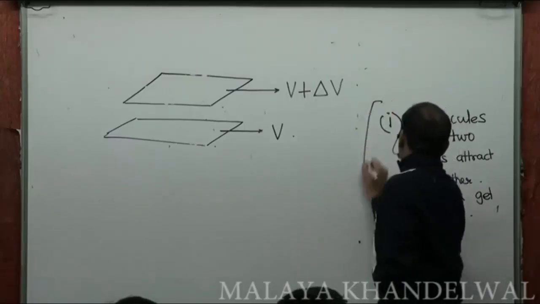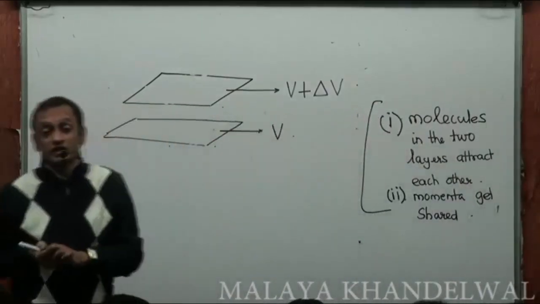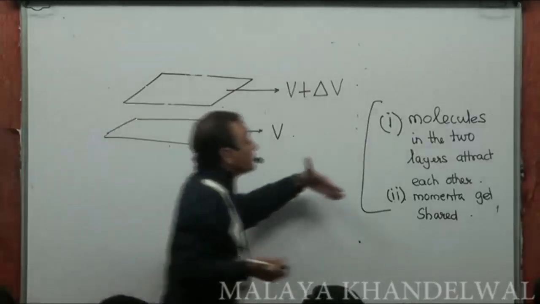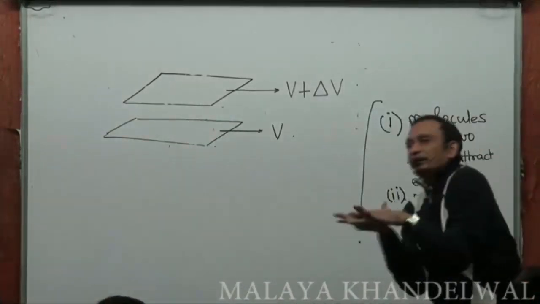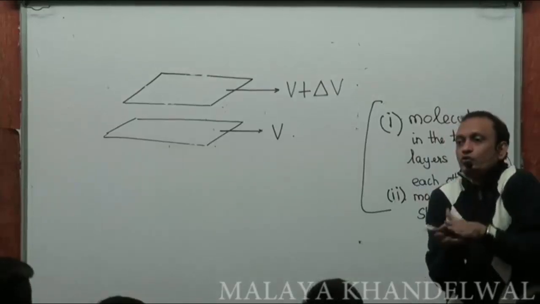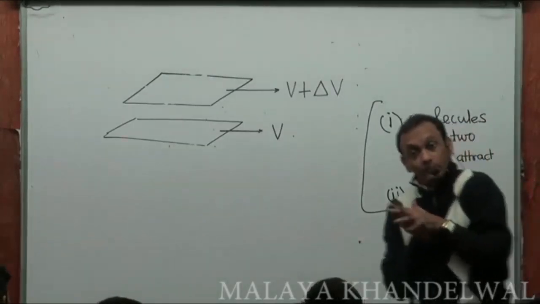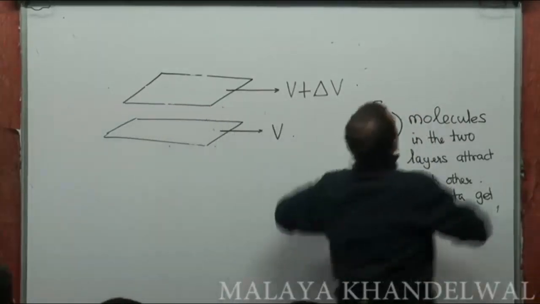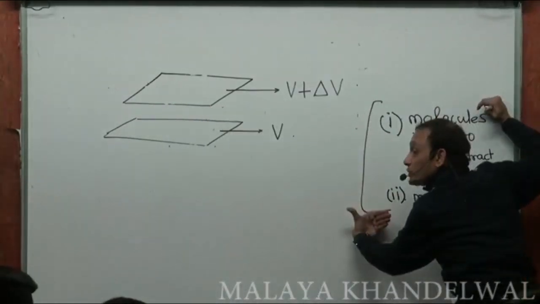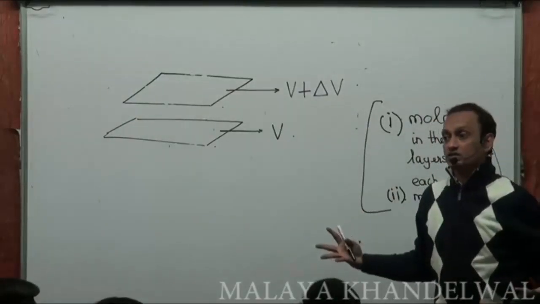So these are two effects, both of which would be pronounced and would simultaneously take place, and the impact of these two is to impede relative motion between the two layers, yes or no, right? And this effect produced because of these two consequences is actually viscosity.